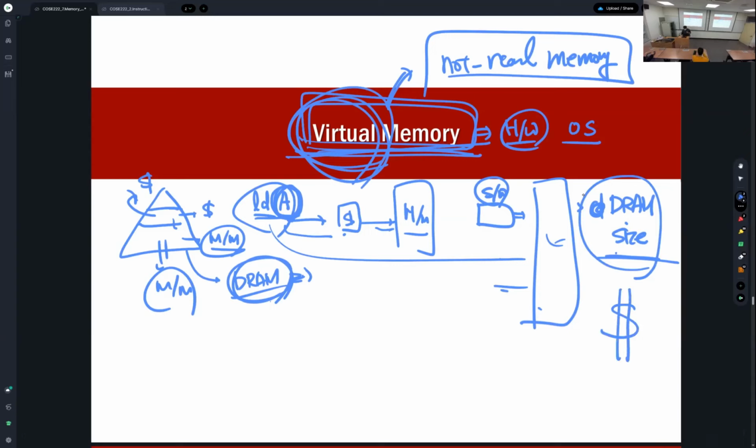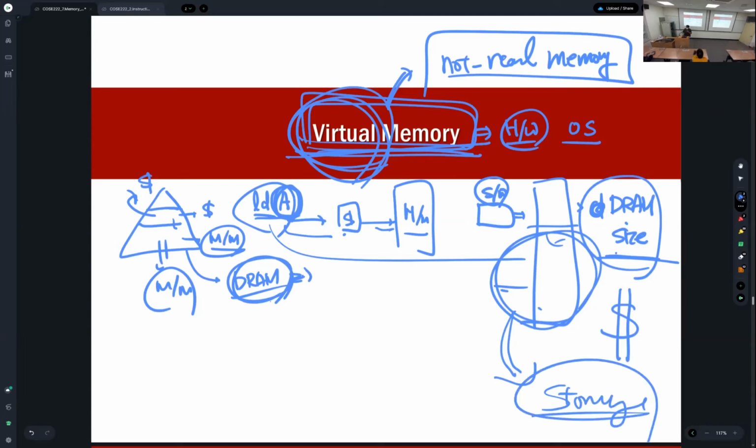Then this large amount of data can be stored in the storage. The storage is very, very slow, but the cost is also very low. Also, the storage size is much larger than the DRAM size in the computer system.